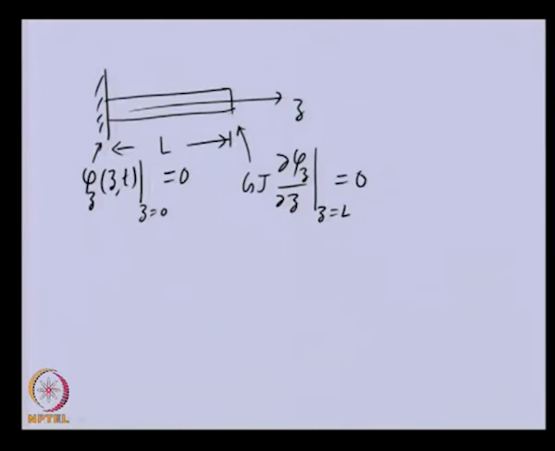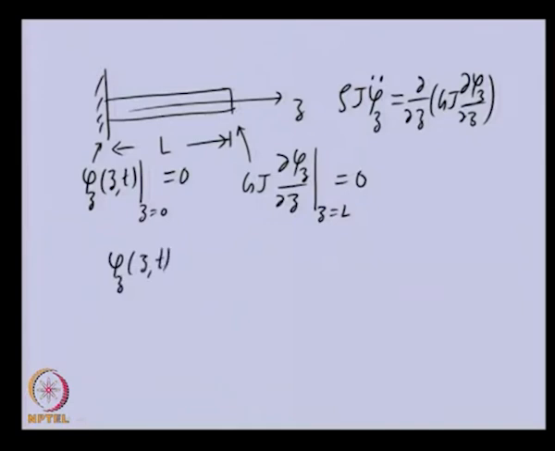Now, to solve the differential equation which we obtained earlier, I am writing it again: G J d squared phi by dz squared. We will be using the separation of variables method to solve this, and in this method we assume the solution such that we have two parts.